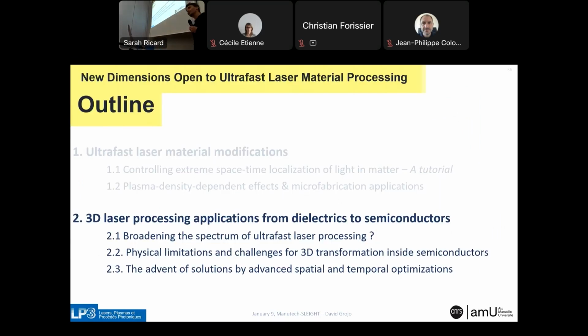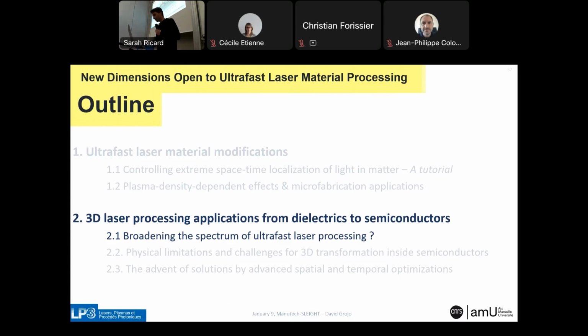We'll start the second part, where my goal will be to quickly turn to semiconductors, which is more a field of research at this point. To reach this type of materials, the first comment I'd like to make is that there is an interest in broadening the spectrum of ultrafast laser processing.